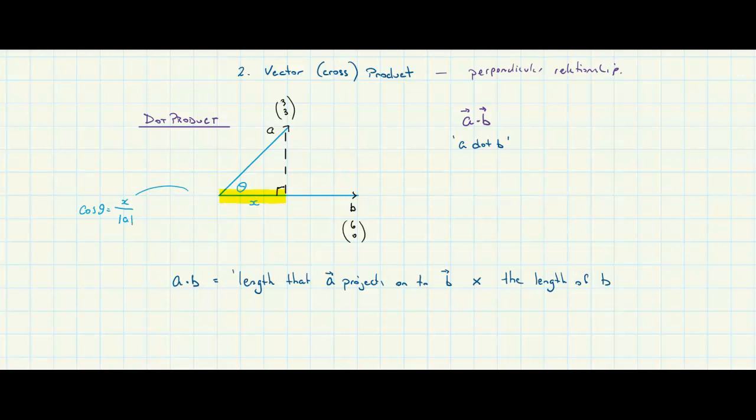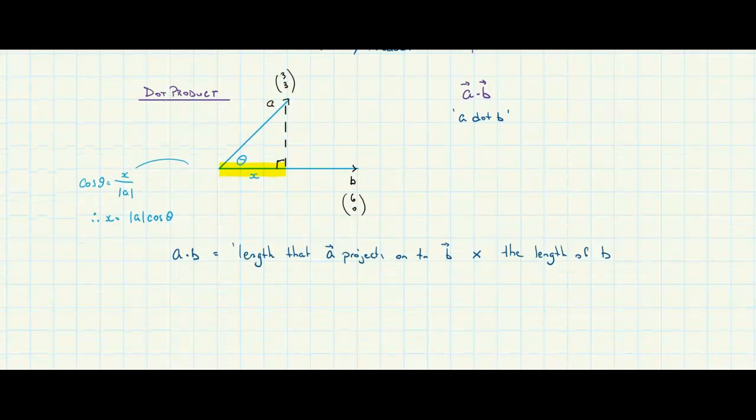All right, so that's it there. So therefore, x is equal to the magnitude of A cos theta. Remember, x represents just this little highlighted distance here. So what we're saying is that the dot product is that length there.